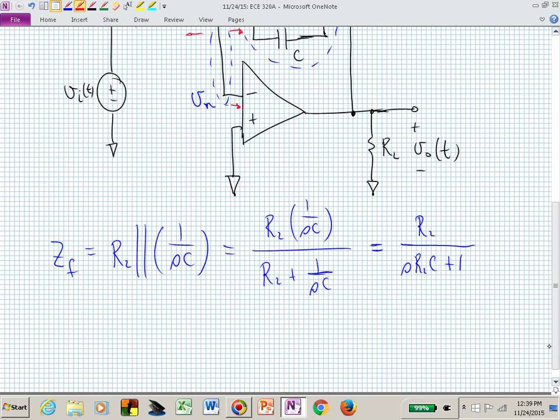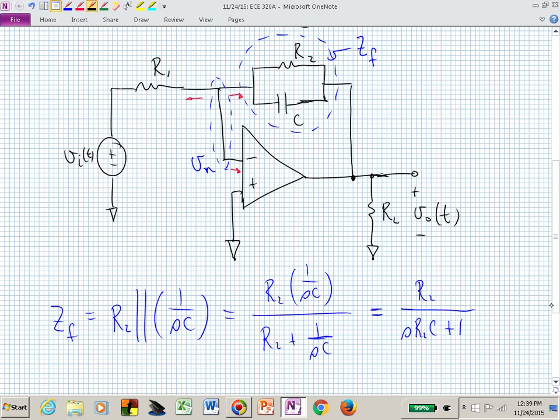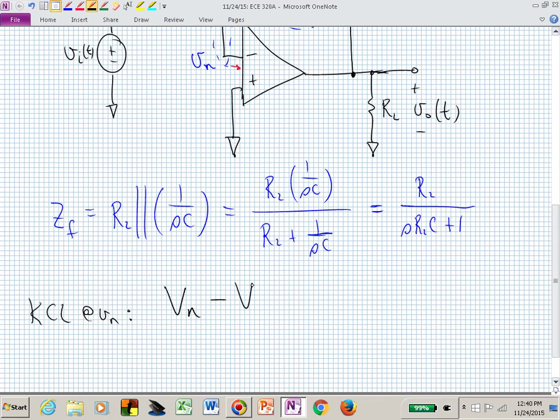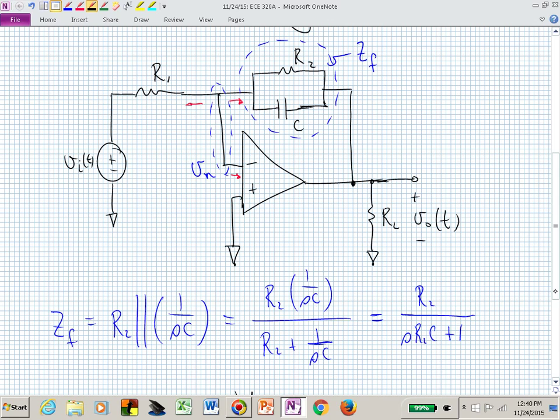If we write a KCL at node V sub n, the current going to the left, in terms of, let's say, capital V sub n minus capital V sub I over R sub 1, that's the current going to the left. Does everybody see that current?